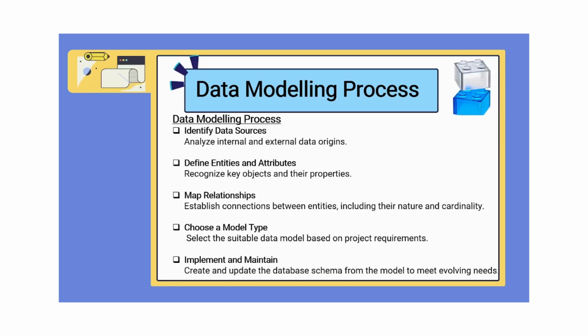Map relationship, it will establish connection between entities including their nature and cardinality. Choose a model type means it will select the suitable data model based on project requirement. Implement and maintain, create and update the database schema from the model to meet evolving needs.